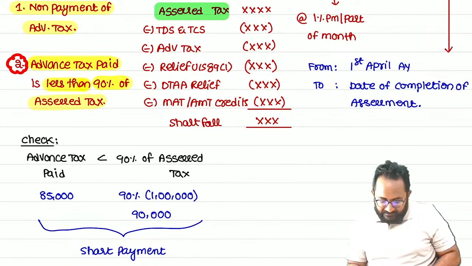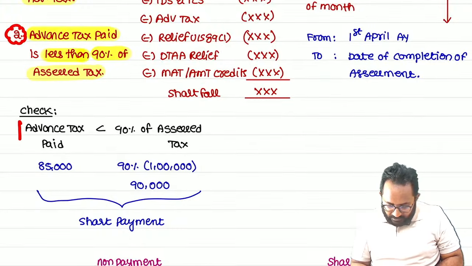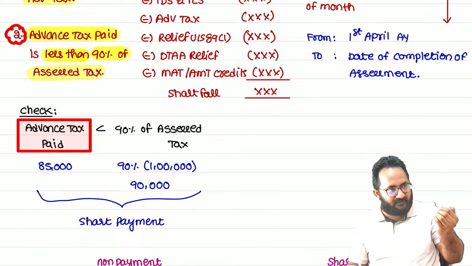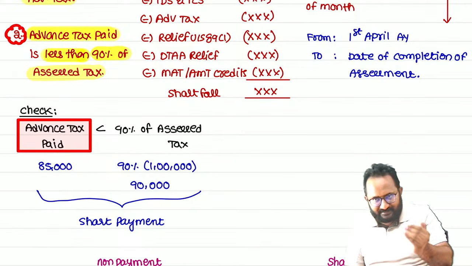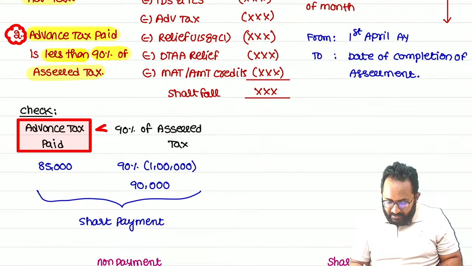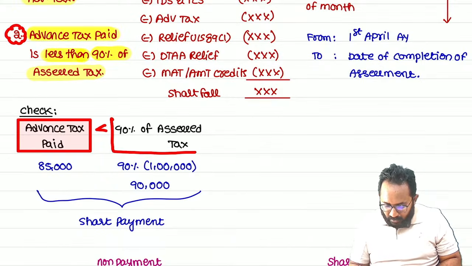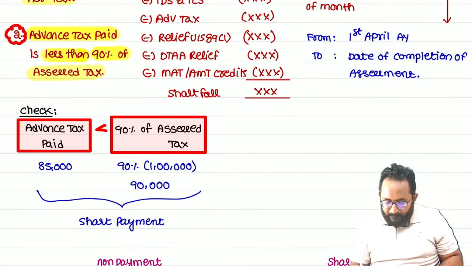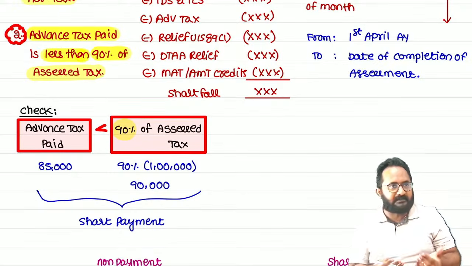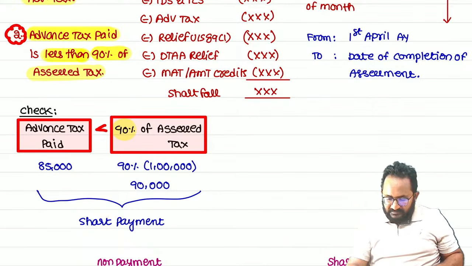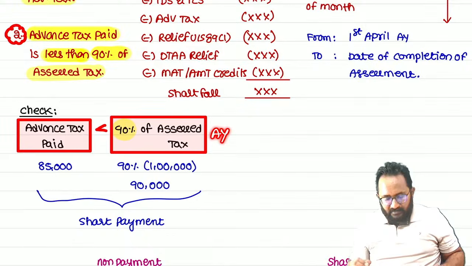Whatever you paid in a previous year based on estimations, if that is less than 90% of the assessed tax. Now, why are we comparing with 90%? How can we estimate exactly with the assessed tax? This assessed tax we calculated in which year? Assessment year.